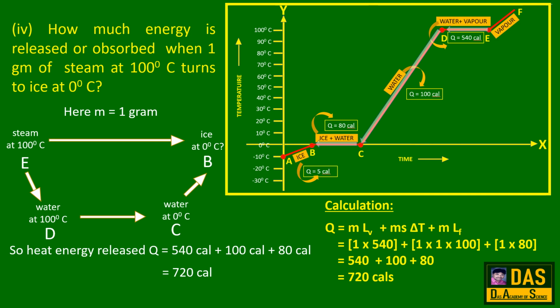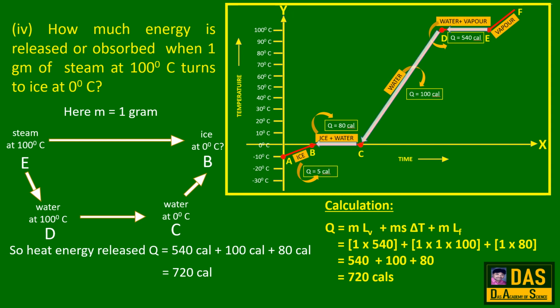So by substituting suitable values, m is 1 gram, LV, that is latent heat of vaporization, is 540 calories per gram, s of water, that is specific heat of water, is 1 calorie per gram degree Celsius, and ΔT, that is change in temperature, is 100 degrees Celsius, and LF, latent heat of fusion, is 80 calories per gram.